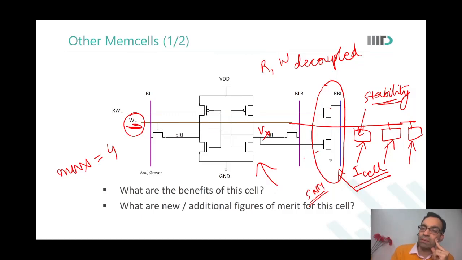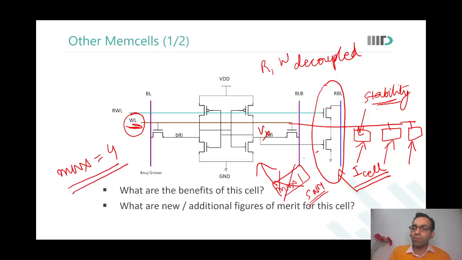If you were to use only mux1, then I would also say that stability problem is taken care of. But if I am not using mux1, I am using a higher mux, then stability problem remains. All that I have achieved through this 8T cell then is I have improved the I cell without impacting stability. Are you able to see this? Any questions?